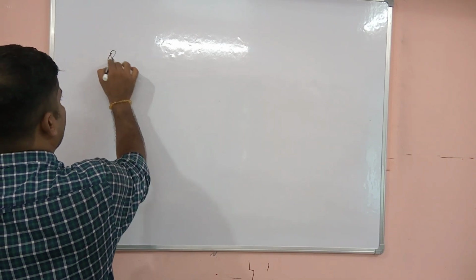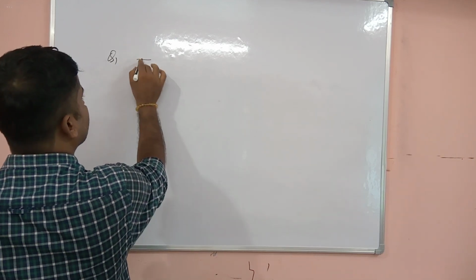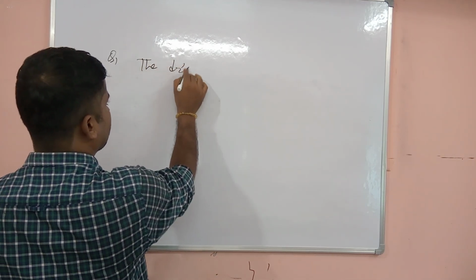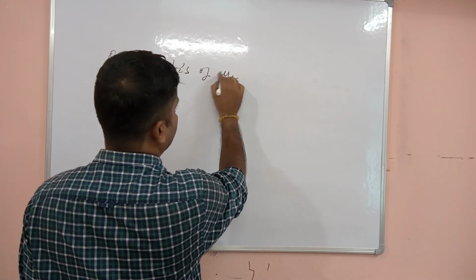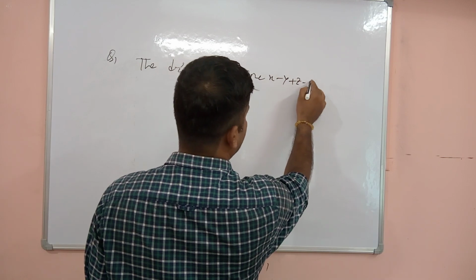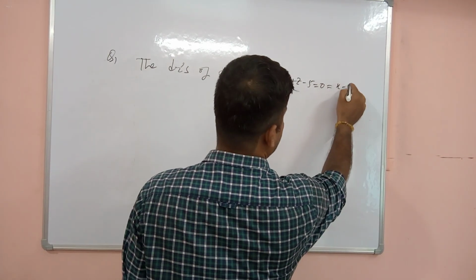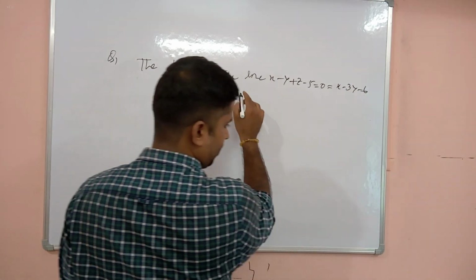Let's see question number 1. What is question number 1? The DRs of the line x minus y plus z minus 5 is equal to 0 equal to x minus 3y minus 6.